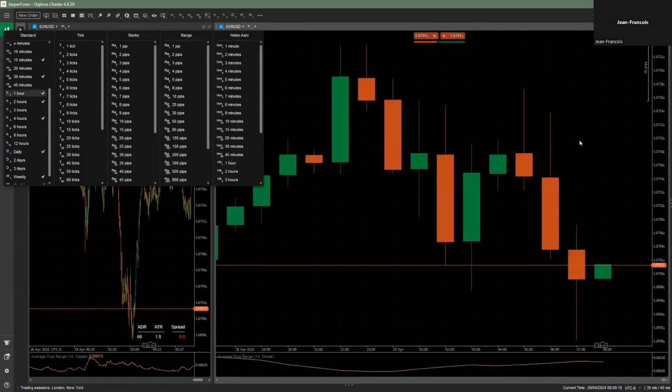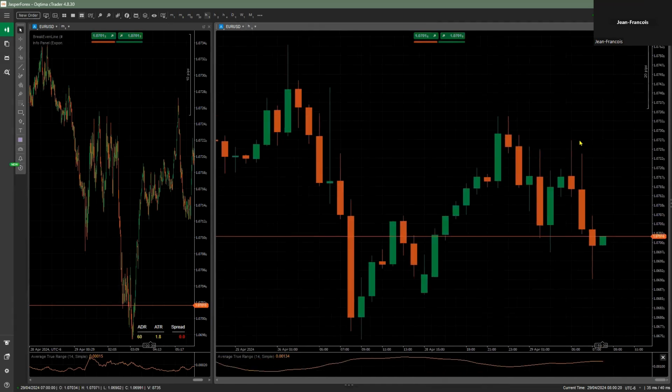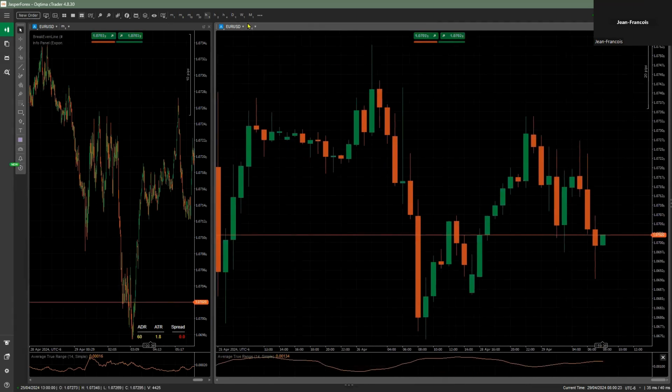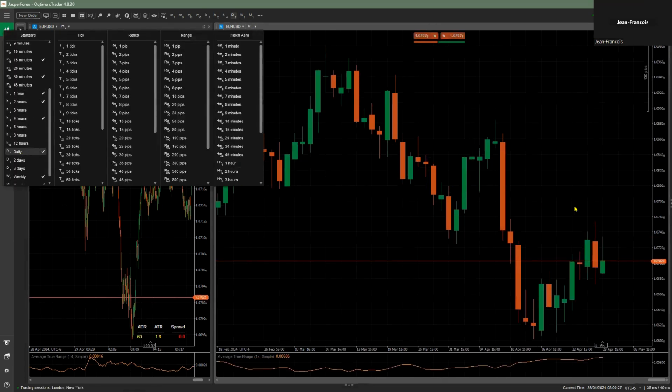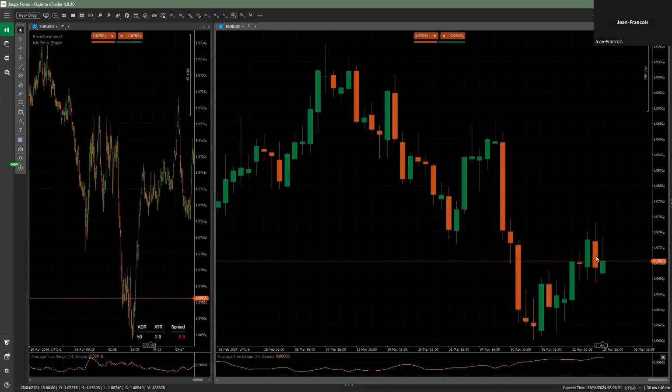on an hourly chart. Right, so with the inside bar, we have to assume the mother bar bias. With the mother bar being bearish, we have to assume bearishness remains.